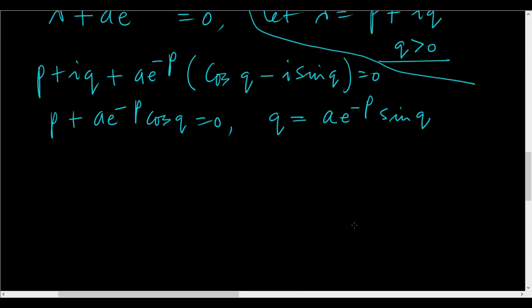All right. So we come here and we realize that we have a problem. What is the problem? The problem is that if p is very big, for this to work, p has to be negative.